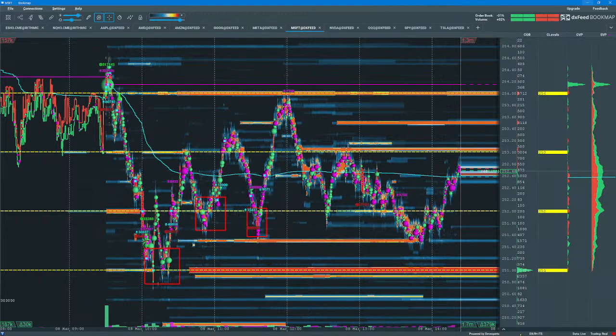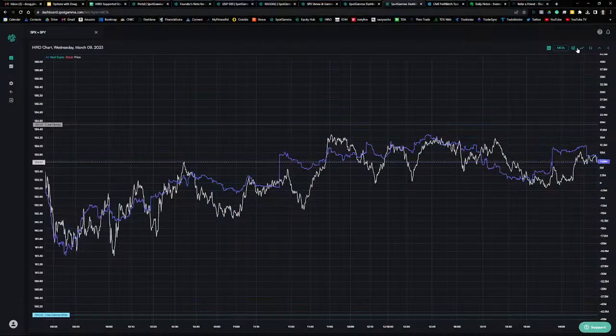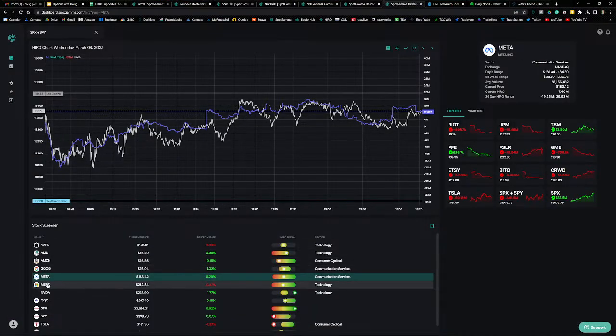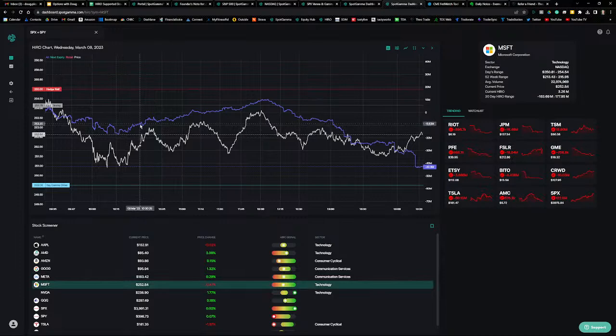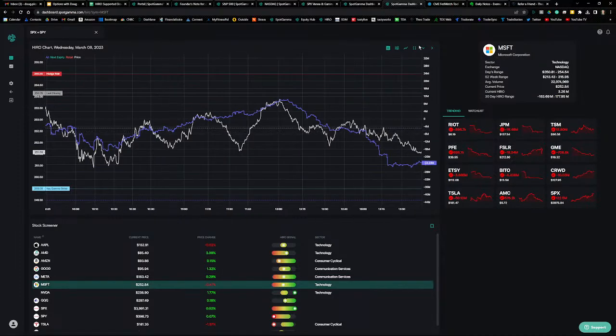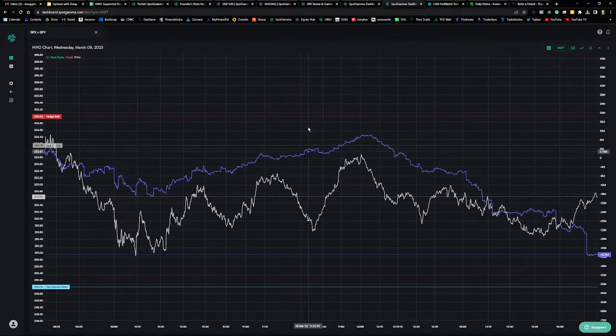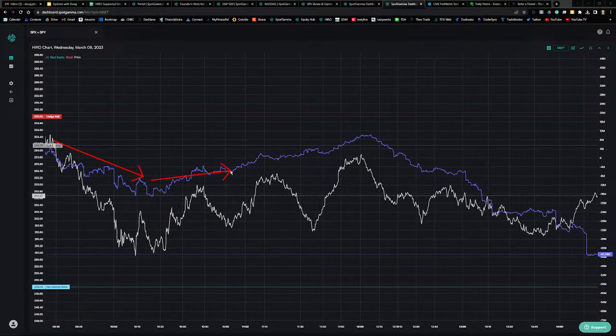Let's go take a look at Hero for Microsoft. And I'm going to zoom in on this. So that really confirming short entry in the morning, long entry about 10-15, and then short entry.